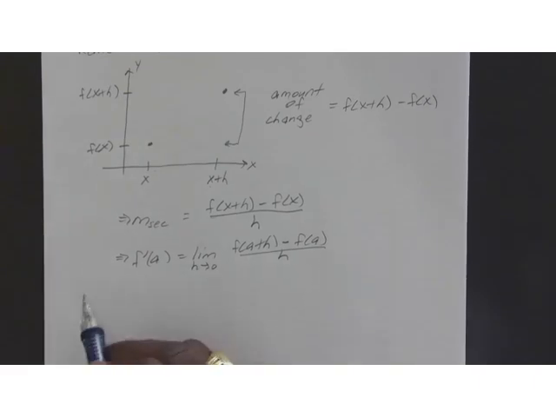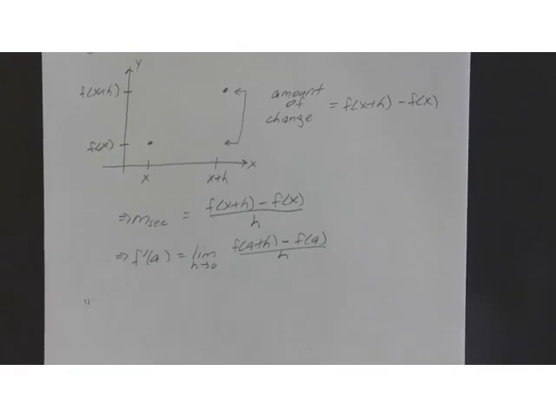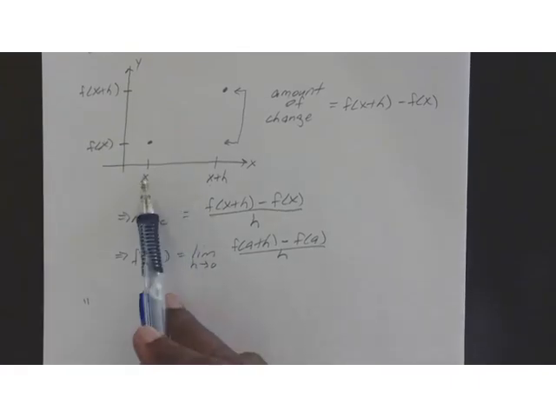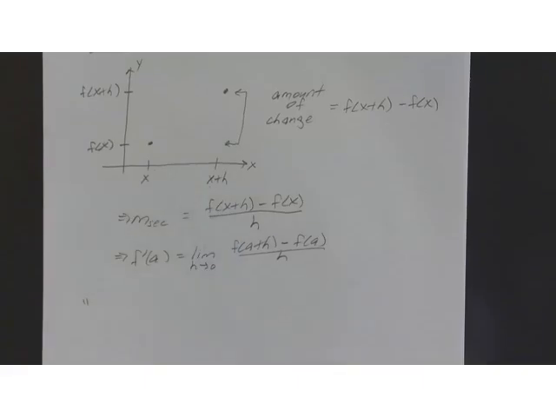Okay, so let's say that the distance between x and x plus h is getting smaller and smaller and smaller. It's almost infinitely small. That's like finding the difference between 4 and 4.000, and you put in like 30,000 zeros and then a 1 at the end. That's a very small difference.